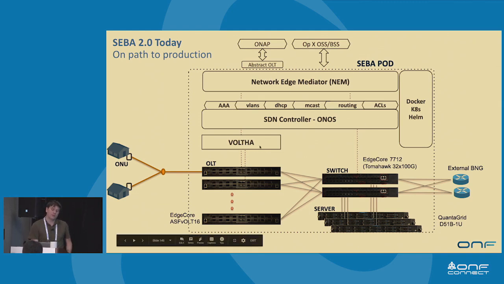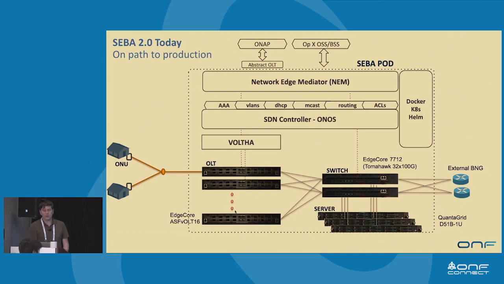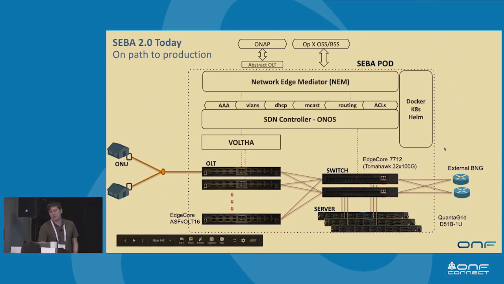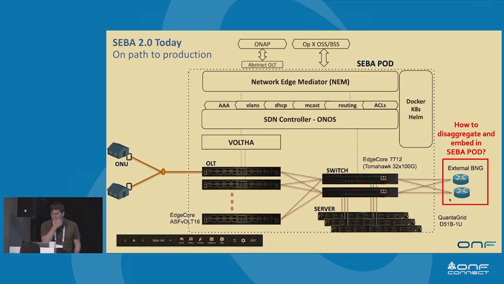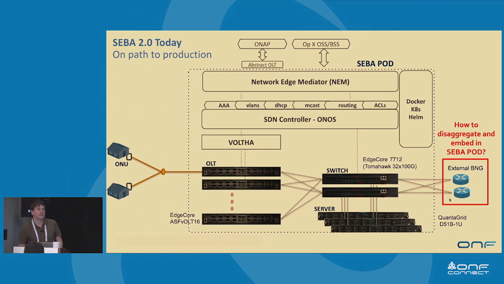In this case, this VOLTHA piece, together with the OpenOLT, is the way we were able to virtualize the OLT piece of the pipeline. But as you can see, the BNG is still external. So operators are interested in, again, virtualizing this piece. So we ask ourselves, how can we disaggregate it and embed it in a SEBA pod?